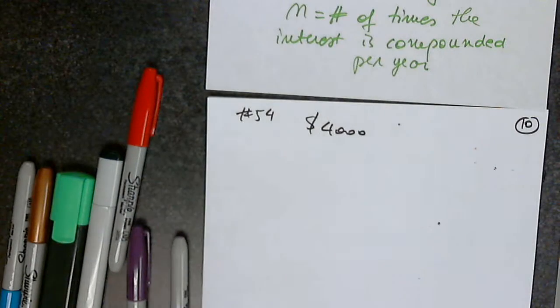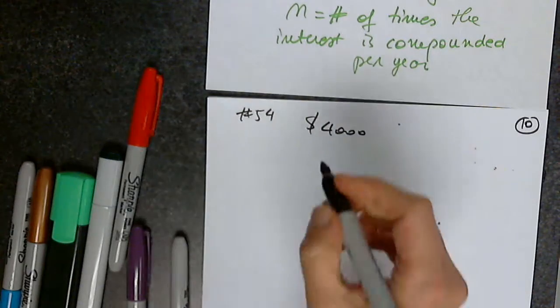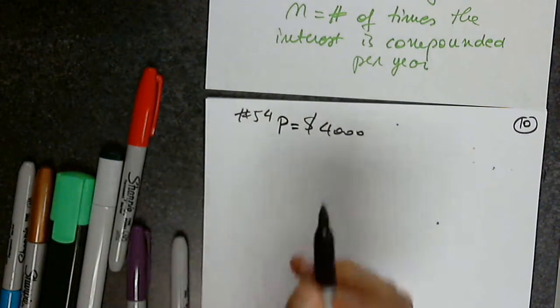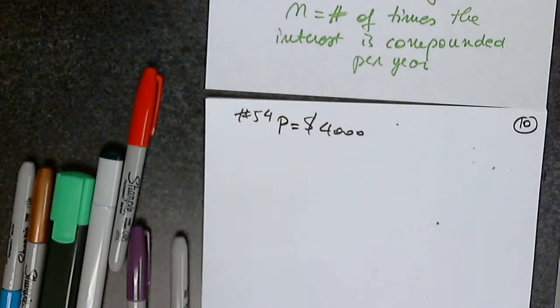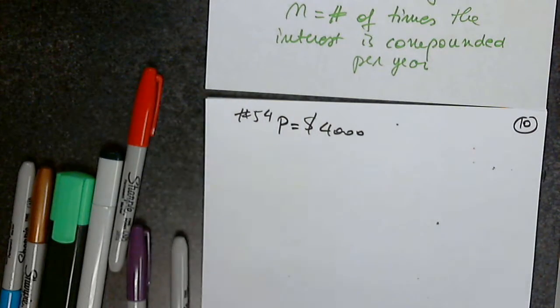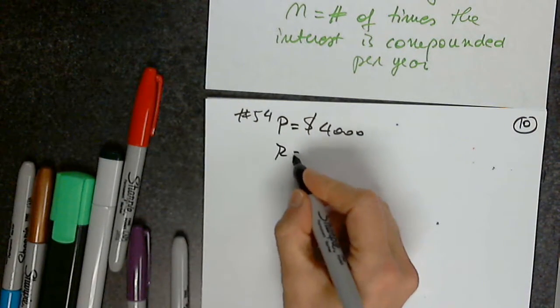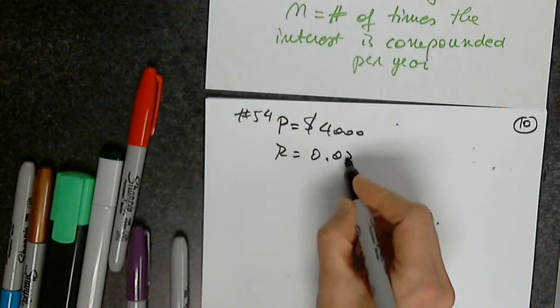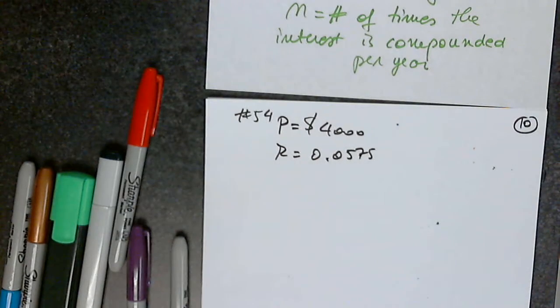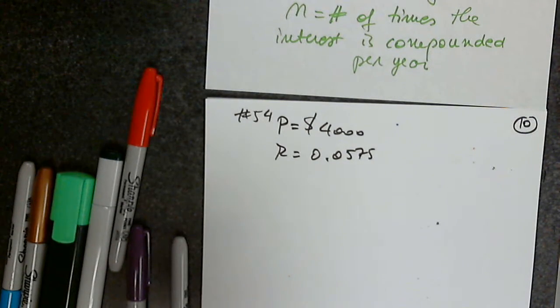Okay? Good. So now in 54 we have $4,000 borrowed, so this is the principal, borrowed or invested if it's not borrowed, at an interest rate of 0.0575. We cannot use percentages. It has to be a decimal number per year.